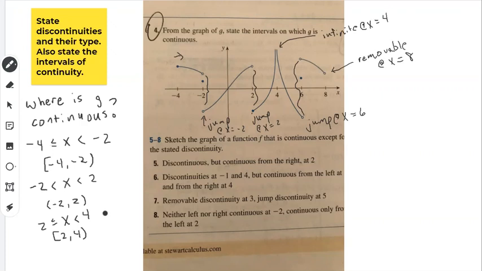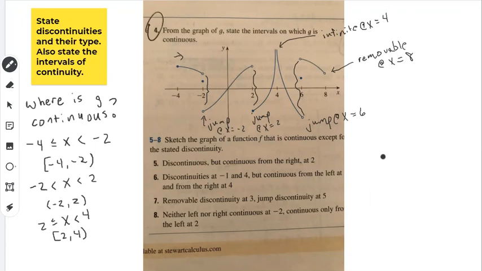So starting off at 4, the function is going to go crazy down until it kind of stabilizes, right? And then it keeps on going until 6. Then the continuity stops. And then we restart at 6, and then we stop at 8. So what are the last 2 intervals of continuity? From 4 to 6, right?